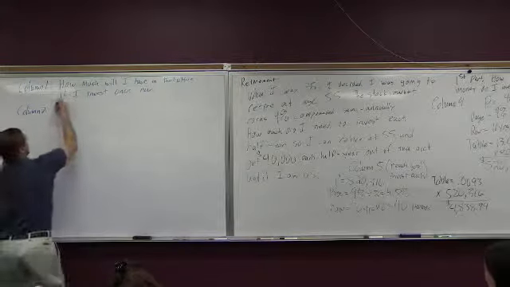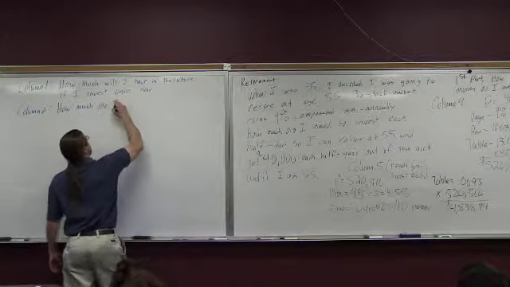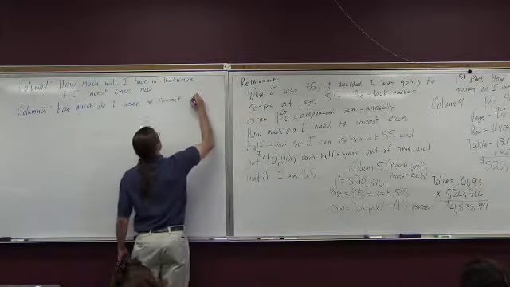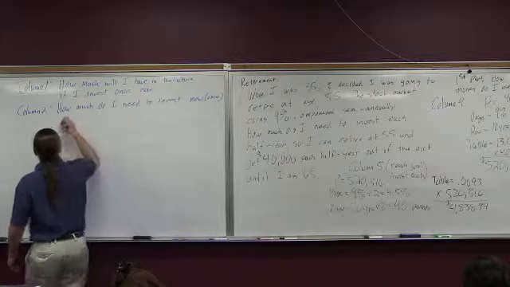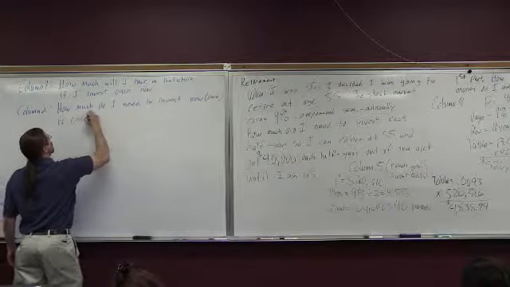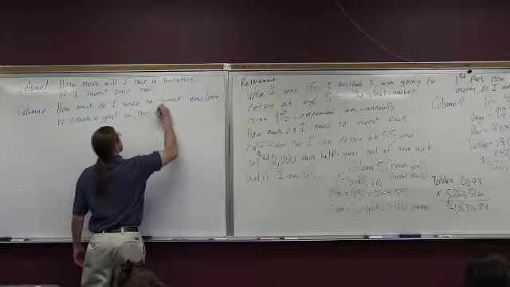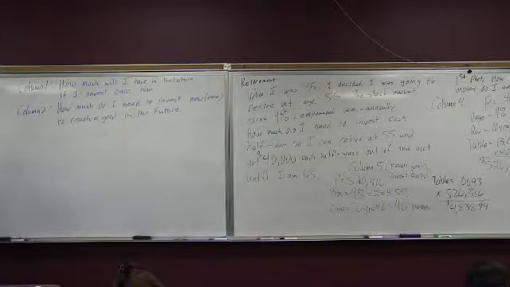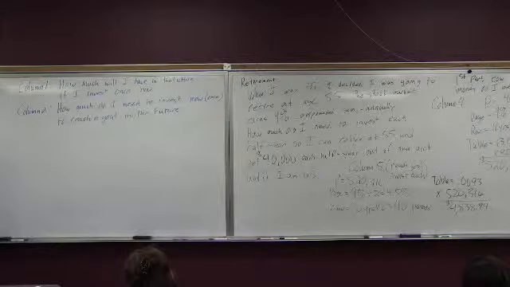Column 2, how much do I need to invest now once to reach a goal in the future? In other words, I know what the future is. How much do I need to have in the present to get there?